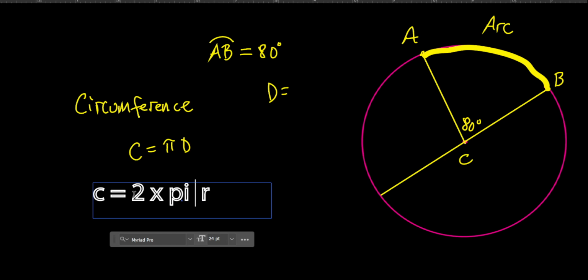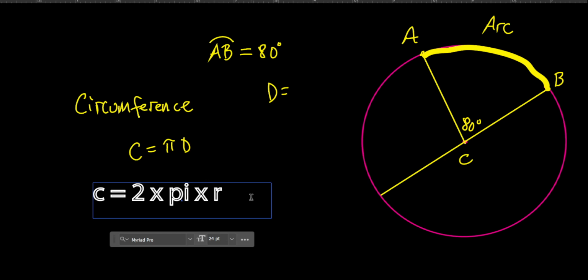I can't write on this, so I'll just leave it like this. So the circumference is equal to 2 times pi times the radius. Or if you write it, you don't put that x there. I'm only doing it because I'm typing. It's just 2 pi r. Okay, that's how you should write it. Circumference equals 2 pi r.